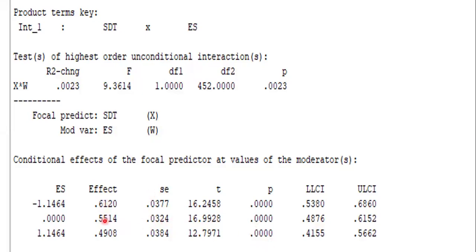It means the effect in case of negative or low interaction, basically this negative sign of your independent variable indicates the low part of your interaction effect. So in case of low ES level, or low effective scheduling level, the effect size is 0.6120, which is significant. But at high level of your ES, the effect size is 0.4908, and this effect is also significant.